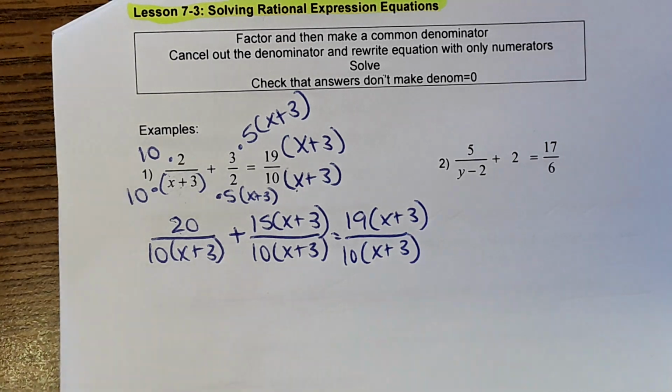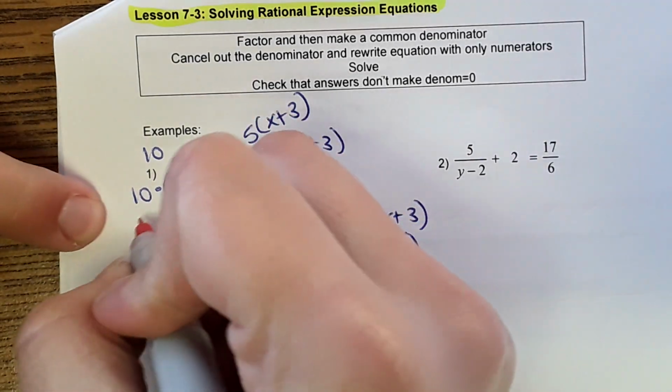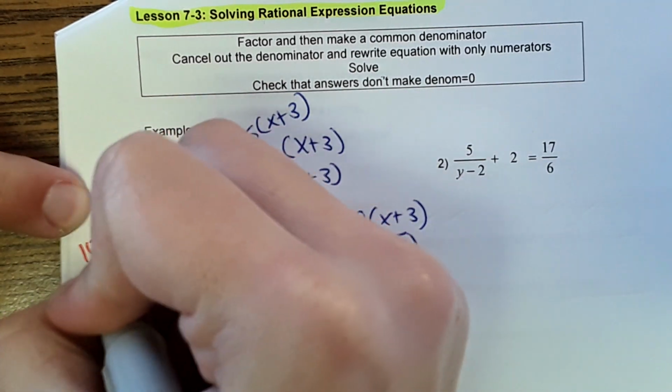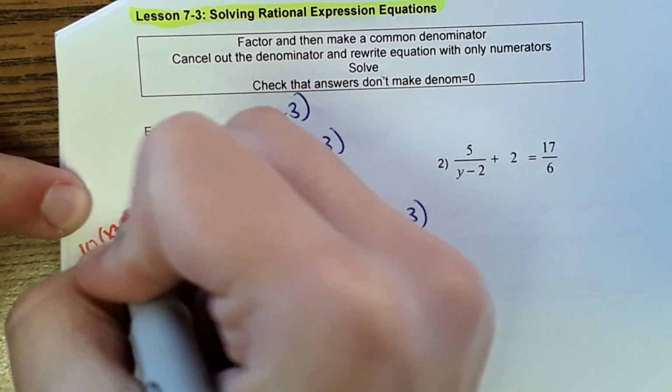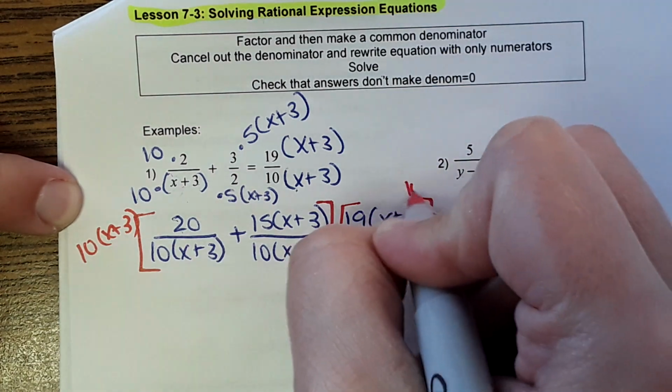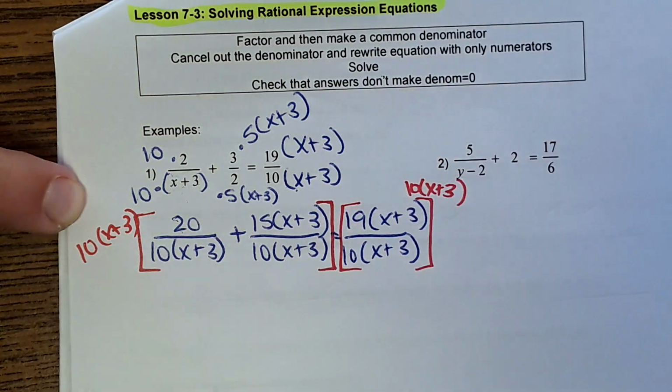Okay, now that we're at this point and all the denominators are the same, we're actually going to get rid of those denominators. So when you have a denominator like that, you can multiply this whole side by 10 times x plus 3. Like you multiply the whole equation by 10 times x plus 3.